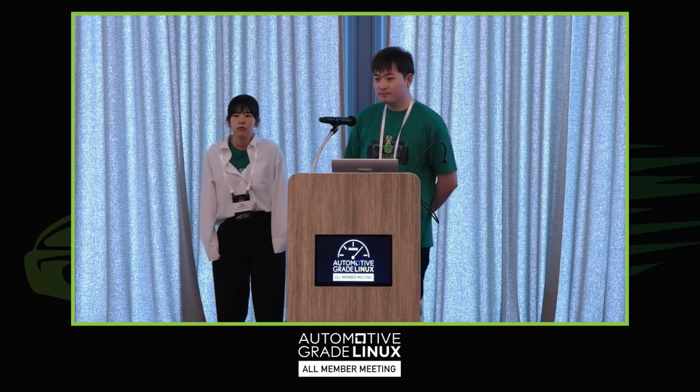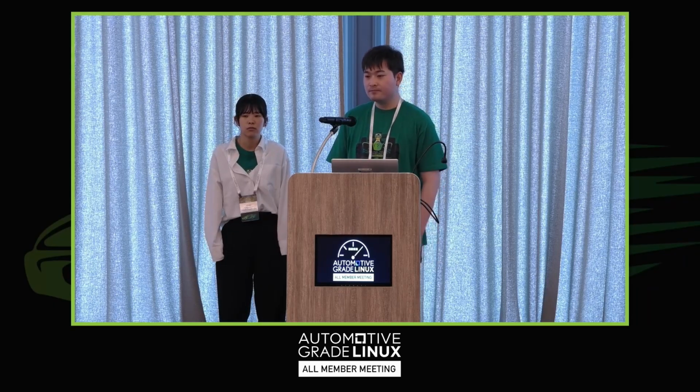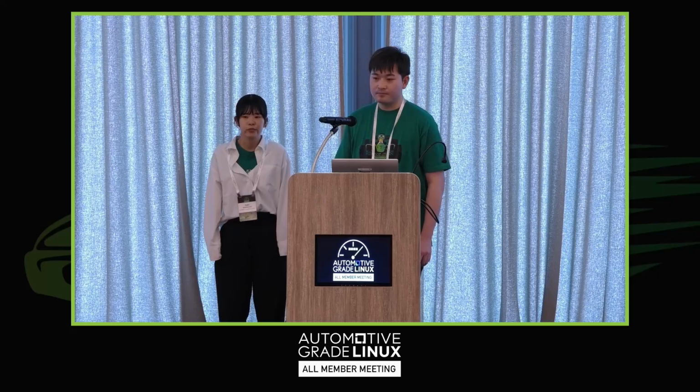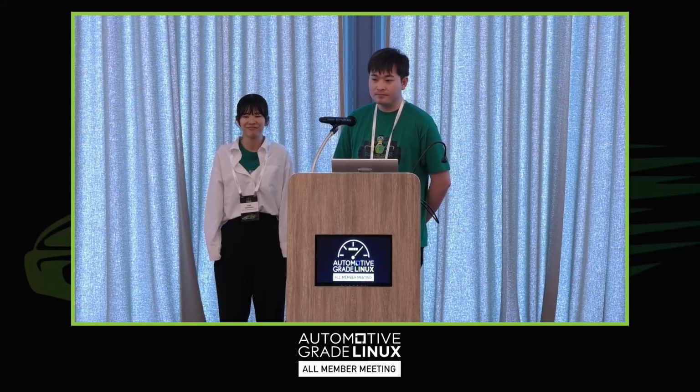AGL has reference boards, for example Renesas V4H Sparrowhawk, and another is a Raspberry Pi, and it is very easy to compare them to the spec in a real product. If AGL provides a reference board and shares performance test results with everyone, it is very easy to compare them in a real product, because the hardware spec and software spec are very similar in configuration and software diagram. So this is my idea. Please work together on these topics.